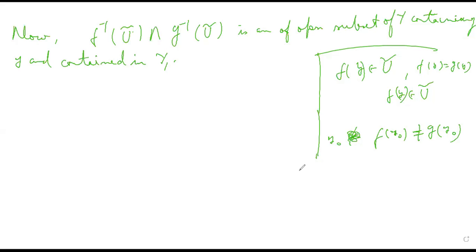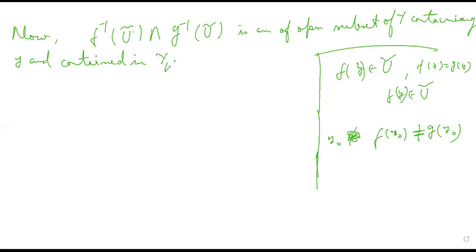Then what will happen is, now this, but f y naught and g y naught both are in where y naught is here, right?